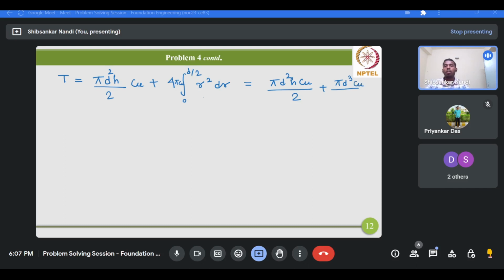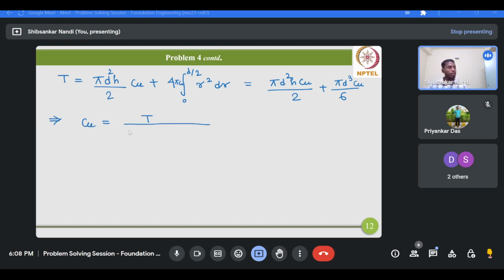Here it will be 8, and here it will be 4, and here it will be 8. So 3, so then 3 8 6. Okay, so this you will be getting after integration.